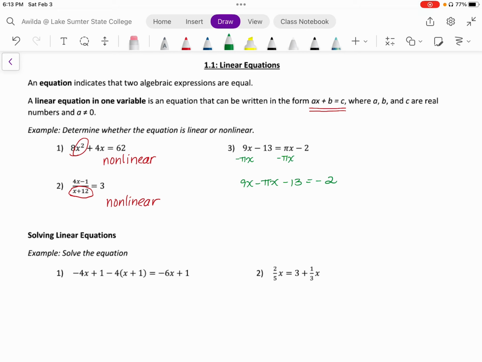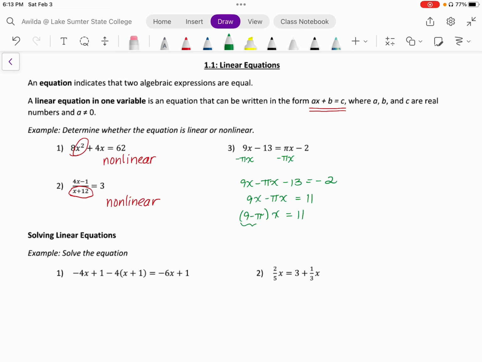Then if we add 13 to both sides, we get 9 times x minus pi times x is equal to 11. And on the left-hand side, I have x as a common factor. So I could write this as 9 minus pi times x is equal to 11.